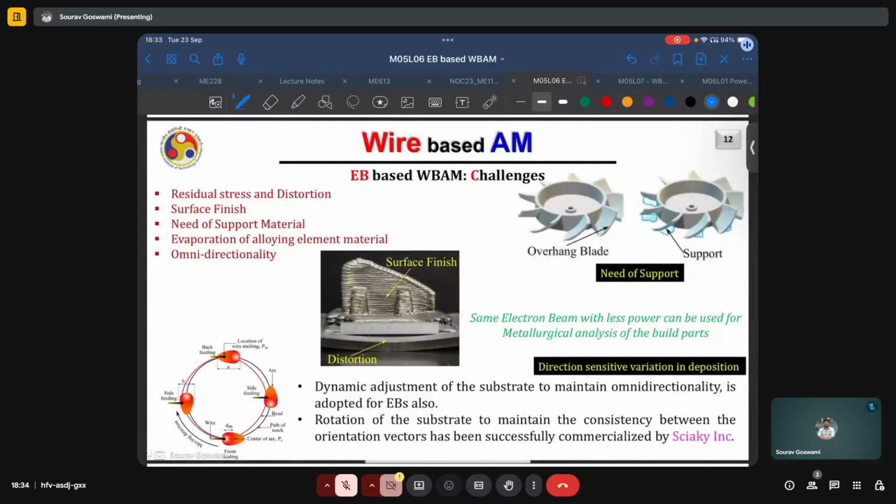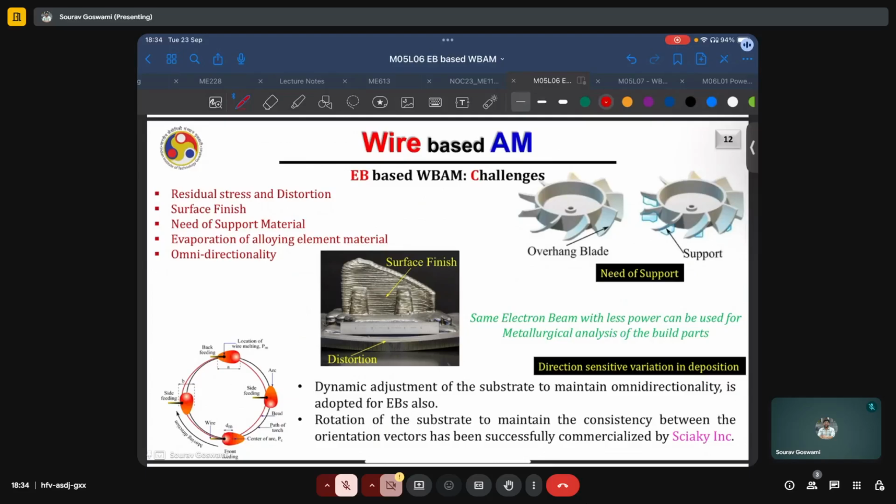The challenges in electron beam based wire additive manufacturing are similar to other wire-based additive manufacturing processes, such as the formation of residual stresses and consequent distortion.